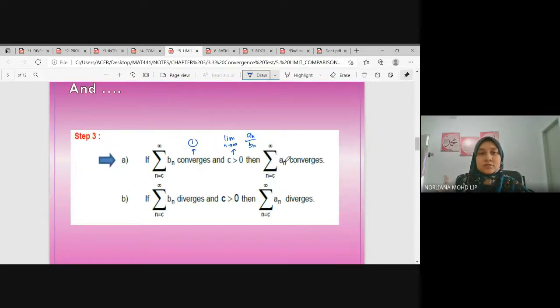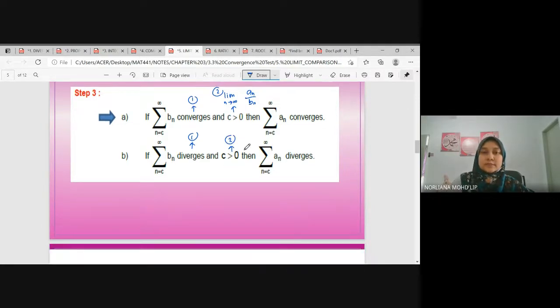Then it is converge. If the series of bn diverge and c is greater than 0, then the series of an is diverge. Kita sama ni daripada step 1 and step 2. Step 2 kena applykan limit an over bn.